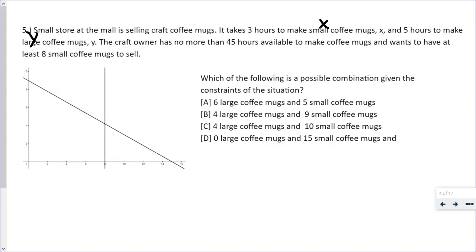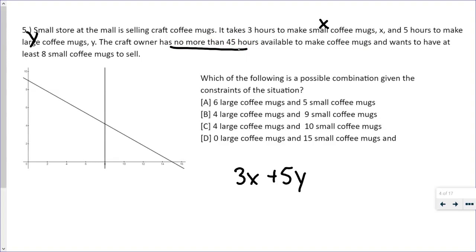All right, so of course you guys have to first come up with the inequalities and then graph them in Desmos, okay? So I know that I have 3 hours to make small coffee mugs, which are represented by X, and 5 hours to make large coffee mugs, which are represented by Y. That has to be no more than 45 hours, okay?